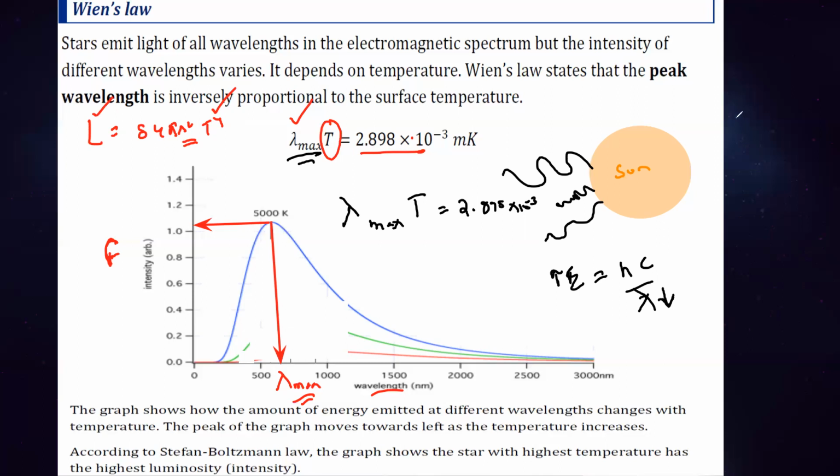And after knowing the size, we have the luminosity, and the flux is equal to luminosity divided by 4 pi d squared. We have the flux given, and the luminosity we already know because it's a standard candle, a known luminosity. So we can find the distance of the star. So these laws are related to each other.